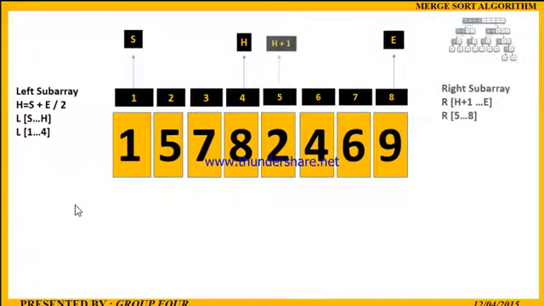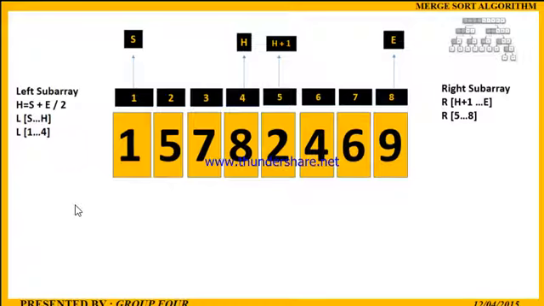And then we'll look at the right subarray. The right subarray formula says it's supposed to be H plus 1 to E, and the digits there are 2, 4, 6 and 9.